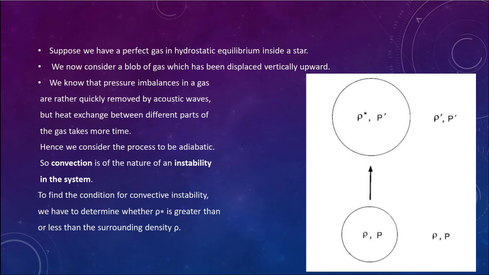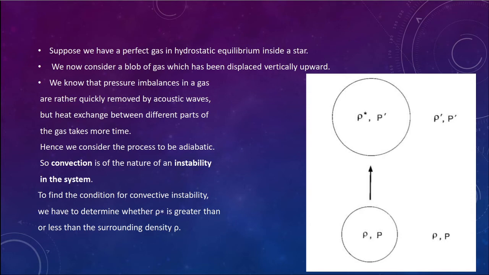We know that pressure imbalances in a gas are quickly removed by acoustic waves. If there are imbalances, they are quickly removed, restoring equilibrium. But heat exchange is not so spontaneous. Pressure balances, but the heat doesn't; it takes time to be transferred in convection.